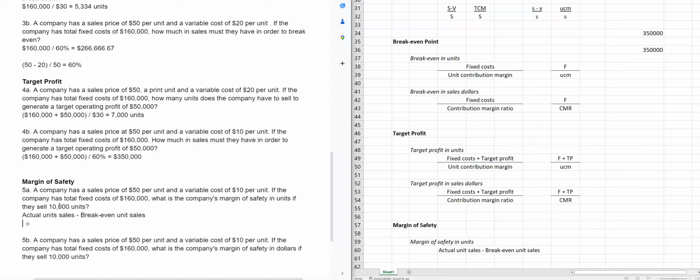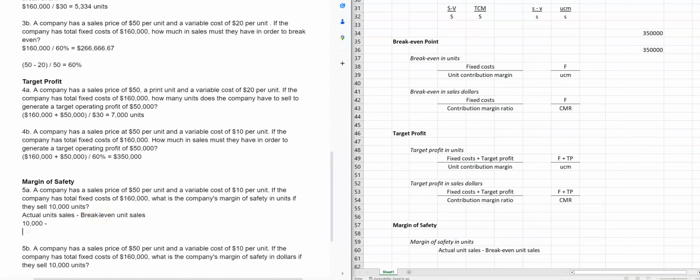So actual unit sales. Here they're telling us, hey, we sell 10,000 units. That's our actual unit sales. Our break-even unit sales, let's solve for that real quick. We need to grab our fixed costs and divide it by the unit contribution margin. These are supposed to say 20, by the way.